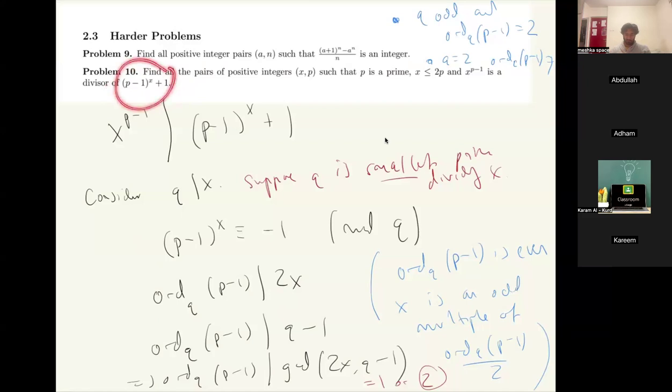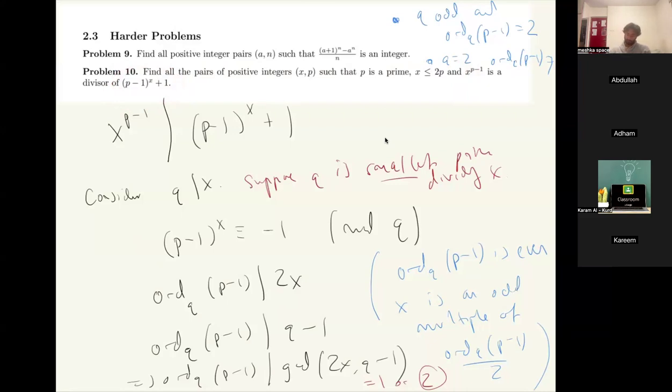If p is 2, this is not very interesting. It's 1 plus 1, it's 2, and x has to be 1 or 2 or something. Let's assume p is more than 2. If p is more than 2, this number is odd, which means x has to be odd. So q cannot be 2.